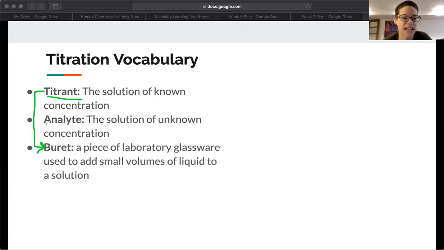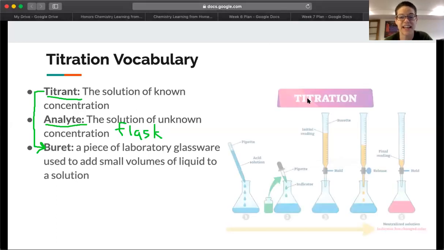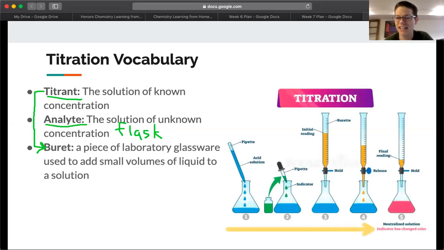And the analyte is going to be in a flask or a beaker. We tend to use a flask because it's easier to swirl. And that's the lab setup. Does that seem familiar? You remember when we did that?